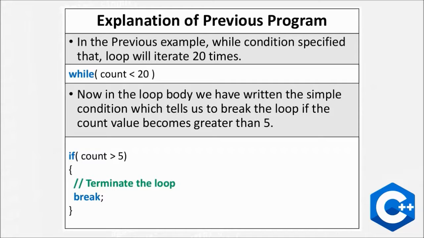The explanation of the previous program is as follows. The while condition specifies that the loop will iterate 20 times, because we write while count less than 20, so it runs from 0 to 19.